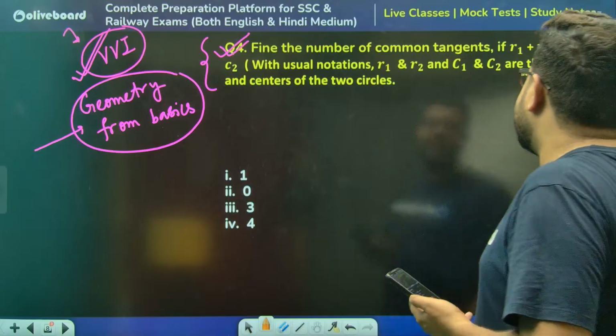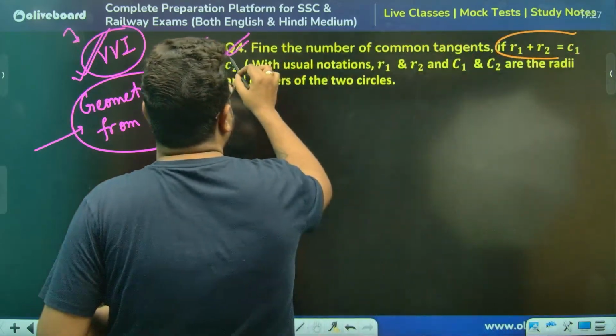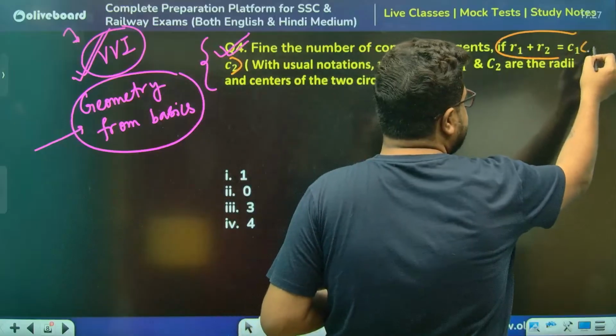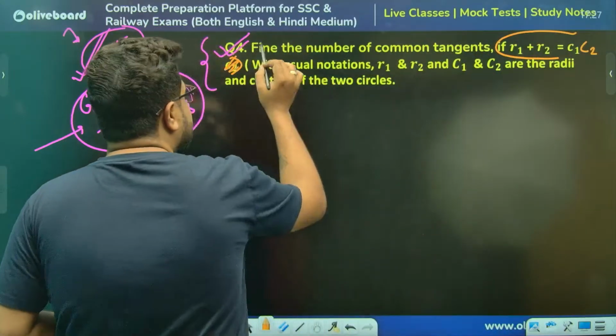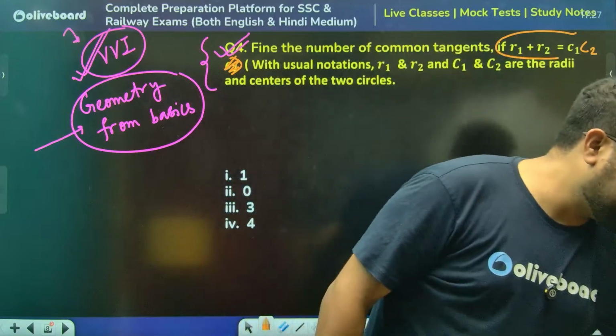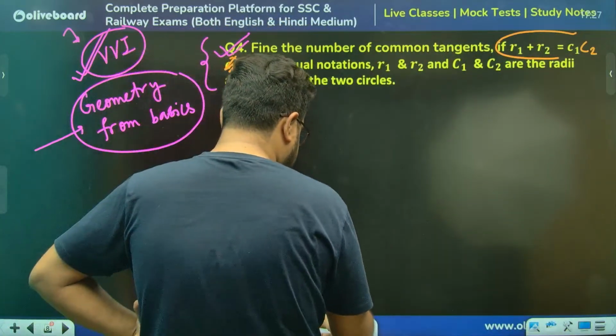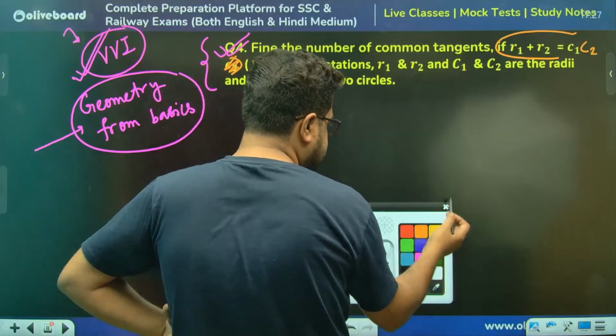Now, please do this, everyone. Number of common tangents if C1C2 equals R1 plus R2. What does it mean? Again, this is very, very important. If you don't know already, please learn this.